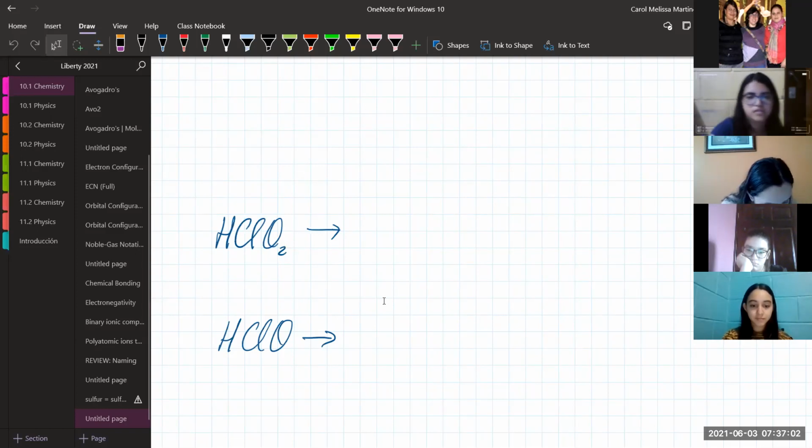So how to recognize it? It is an acid. Acids always have hydrogen on this side. That's a key to recognize acids from the formulas.